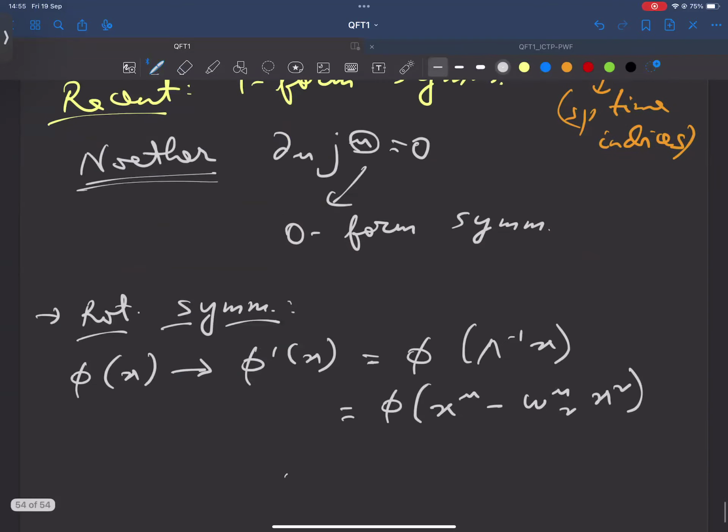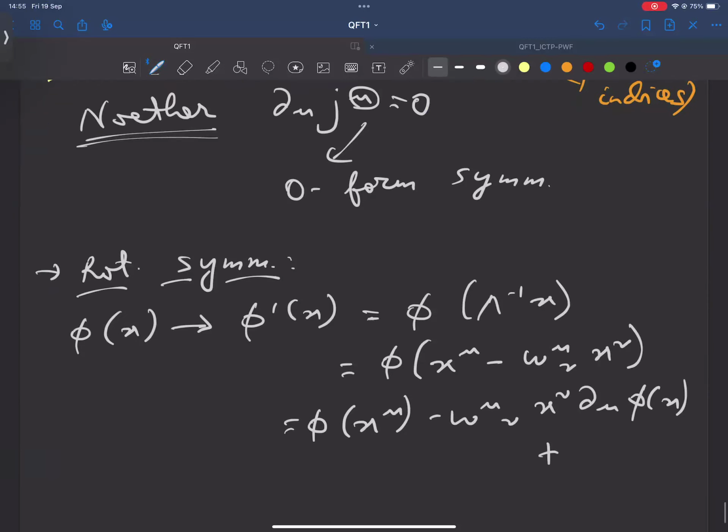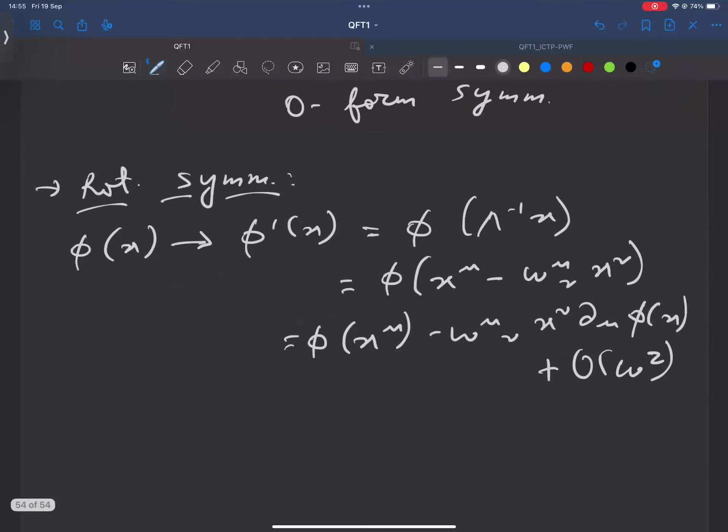Okay, and now if we expand this to first order, again, as I had told you, all the things that we will do, we will only expand to first order, plus order omega squared that we will neglect. So that's an infinitesimal Lorentz transformation.